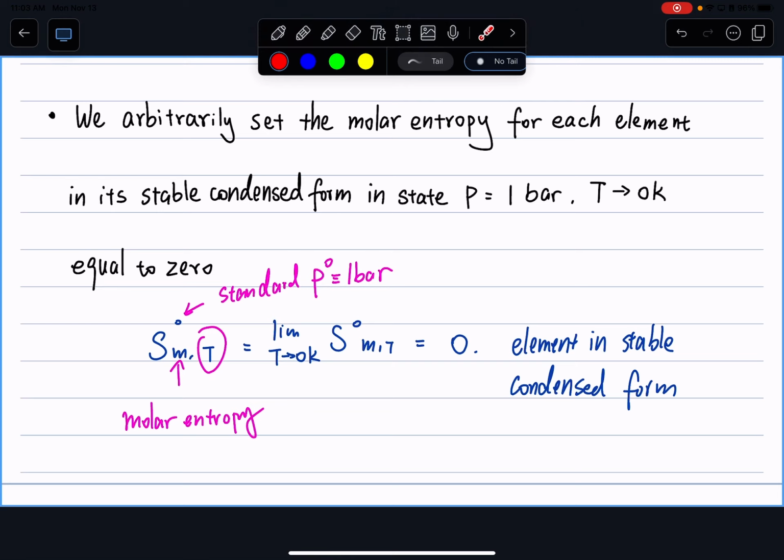It's also easy to imagine. That's our reference point. We're just setting the molar entropy for each element in its stable condensed form at, well, P equals 1 bar to be 0. And from there, we can use our third law of thermodynamics to make this setup more general. All right, so that's our starting point.